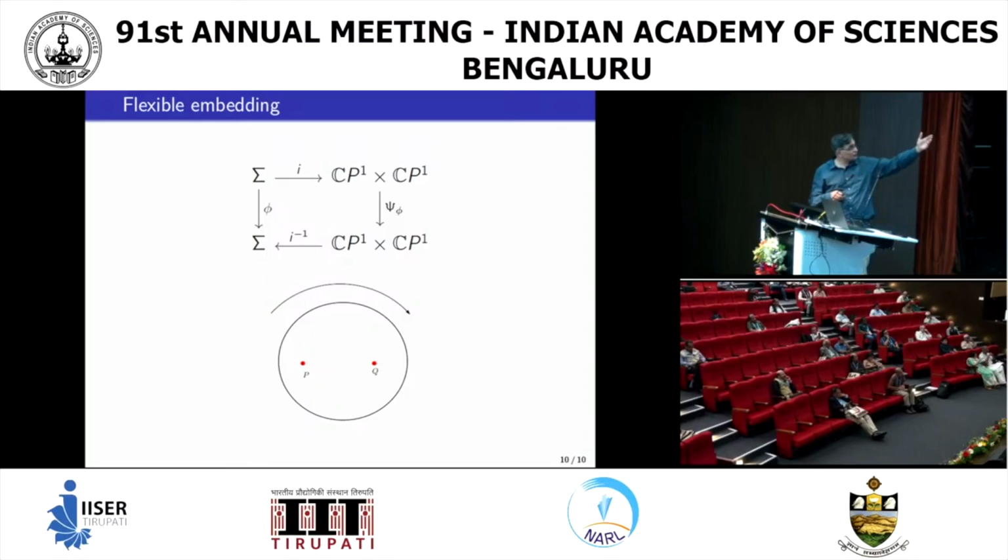You use this fact to extend the embedding that was already there on the lower hemisphere union equator to the upper hemisphere, and that's the basic idea of the proof of this result.